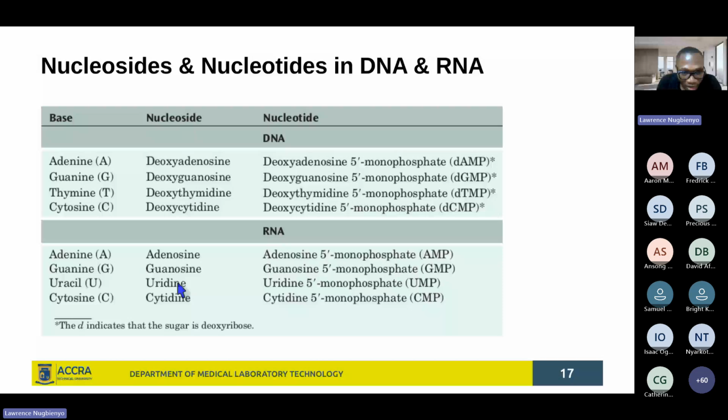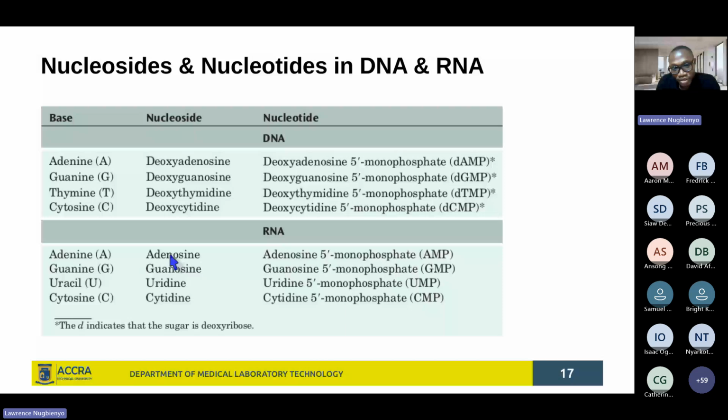So have you seen the nucleosides up here for DNA, the names are starting deoxy, deoxy, deoxy. But here, it just says adenosine, guanosine, uridine, cytidine. It tells you the sugar in there is ribose.